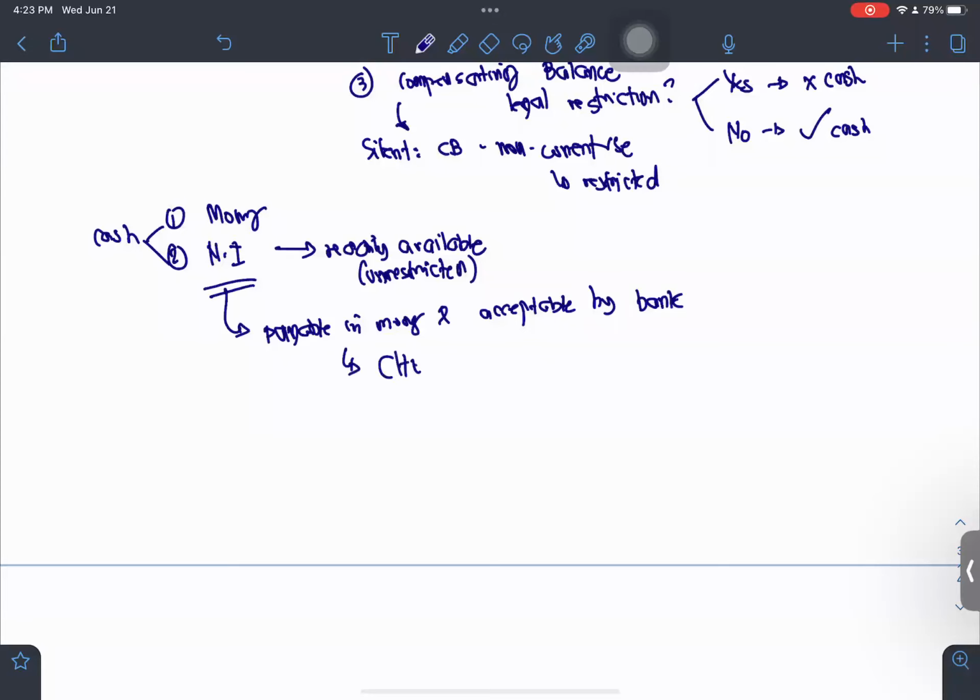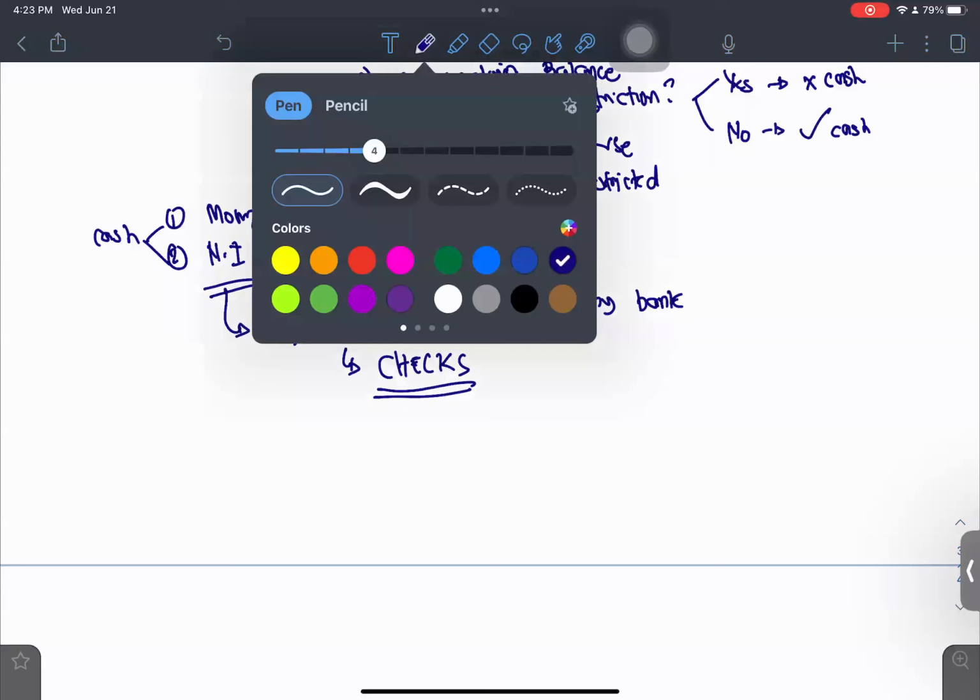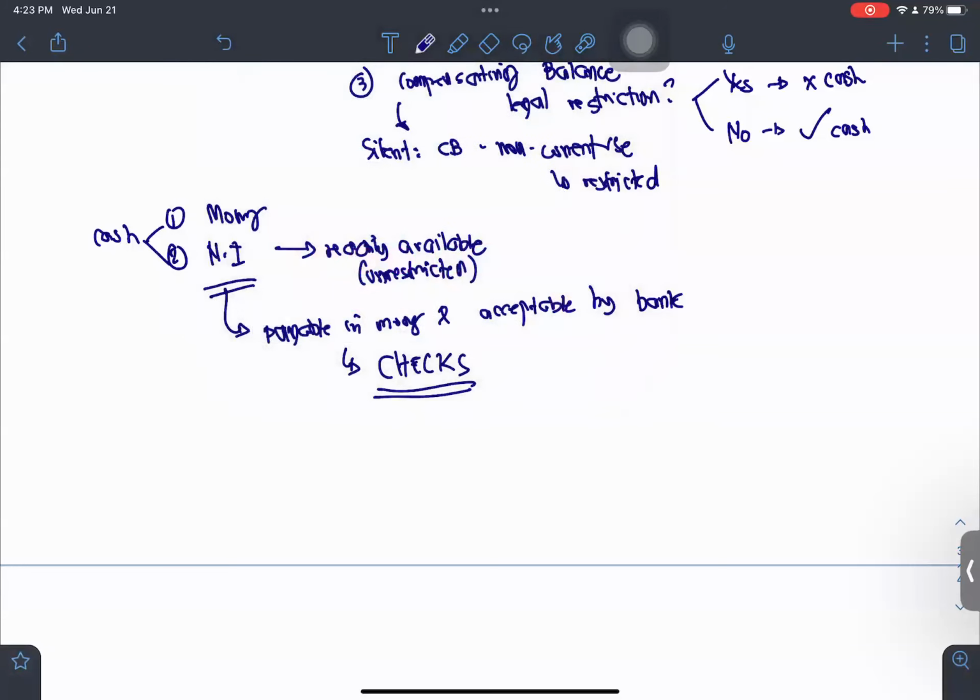That is your checks. So for checks, how do we account for your checks? As a rule, if you have received a check, then it is part of your cash. Once you receive a check, it is part of your cash.